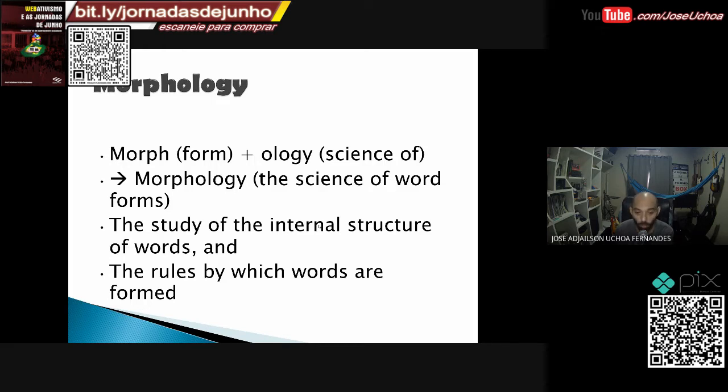So what are morphemes? Well, before we say what they are, we are going to say what they are not. Morphemes are not about sounds, because as you are going to see, there may be two sounds that get together inside the same morpheme.